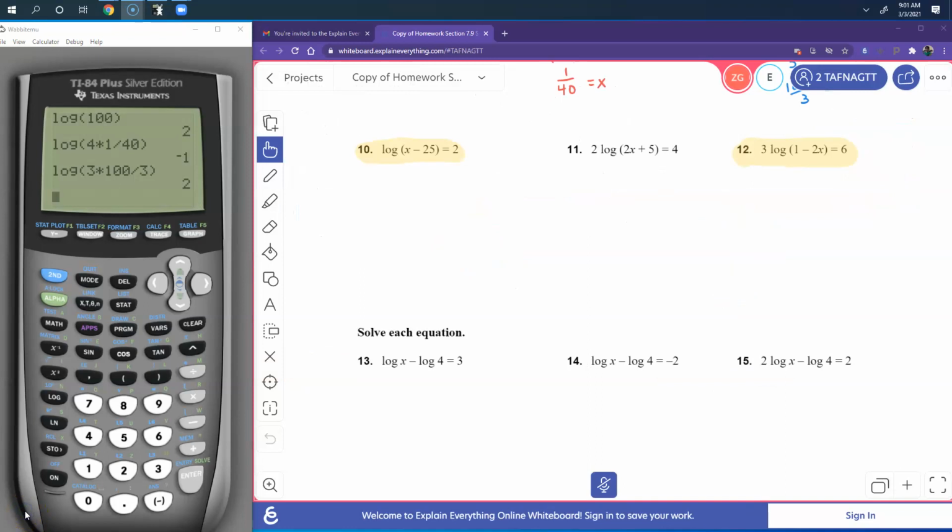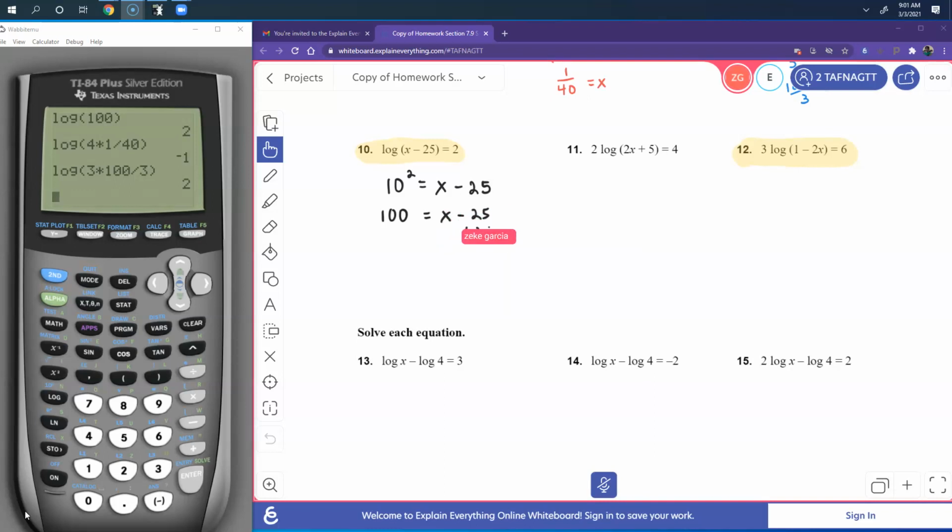For number 10, we're going to convert again to its inverse. So I have 10 to the second power gives you x minus 25. So that's 100 is equal to x minus 25. So you have x, you add 25, I'm sorry, let me go ahead and fix that. I don't know why I put 27.